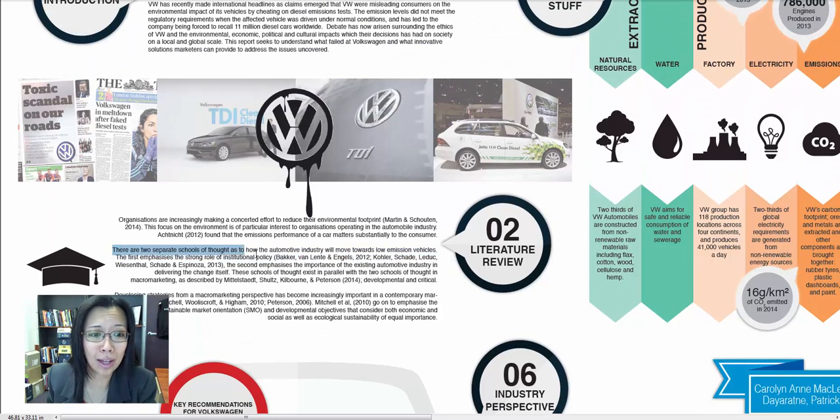They talked about 2 separate schools of thought in the automotive industry about how the industry will move towards low emissions vehicles, and that maps onto the 2 schools of thought in macro marketing. So it's nice how they integrated their research on the industry itself and the philosophy and the direction of the industry with the theoretical perspectives we covered in macro marketing.